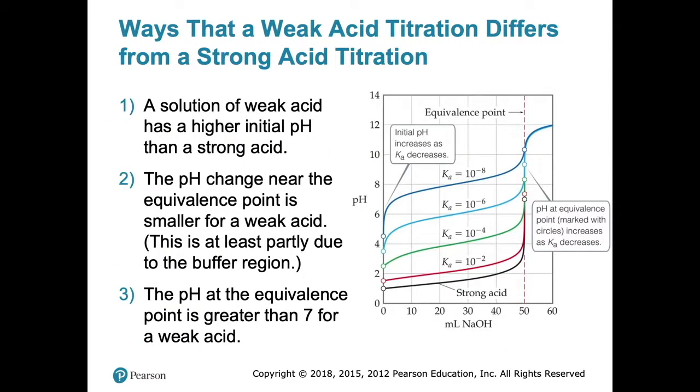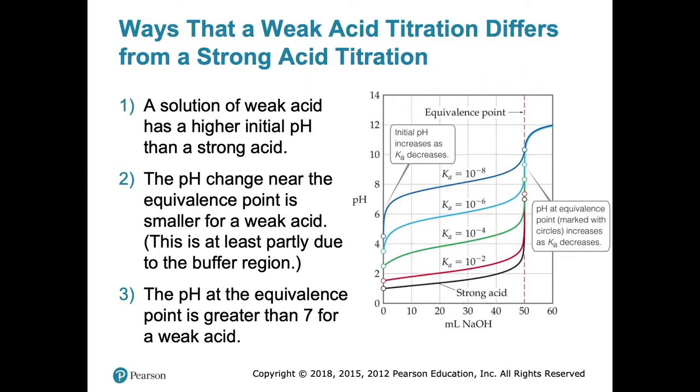And so, in what ways does a weak acid titration differ from a strong acid titration, right? And you can be guaranteed that I'll ask you this question on the exam or on a quiz, right? Which of the following is different between a titration of a weak acid and a titration of a strong acid?